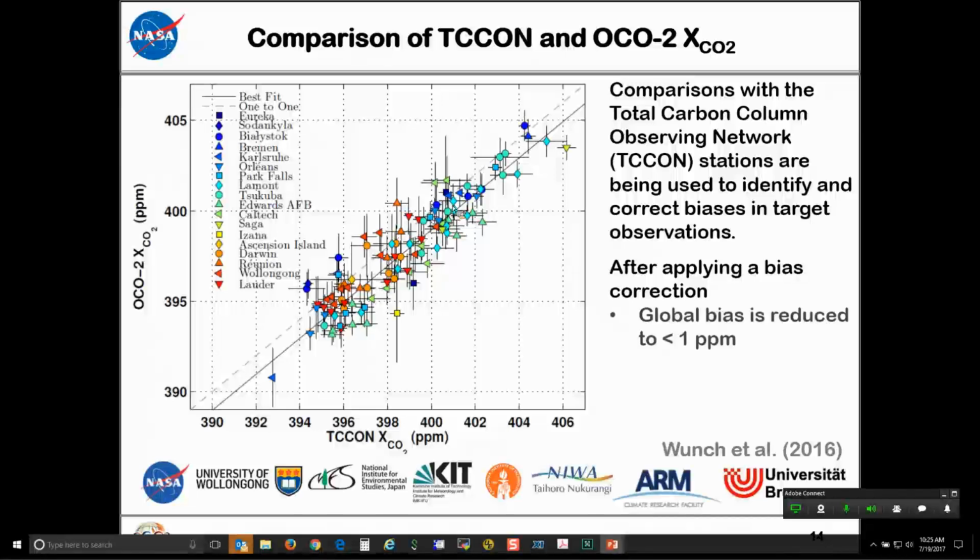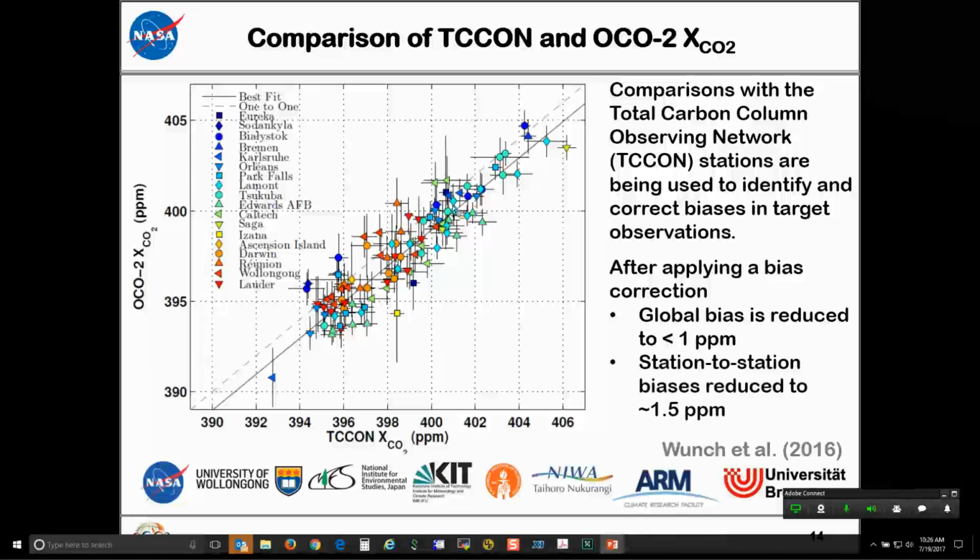After applying that bias correction, we improved the agreement with TCCON substantially, to where the global bias is reduced to less than a part per million, and station-to-station biases can be a little bit larger due to a variety of factors, including a lack of perfect agreement among the TCCON stations themselves.